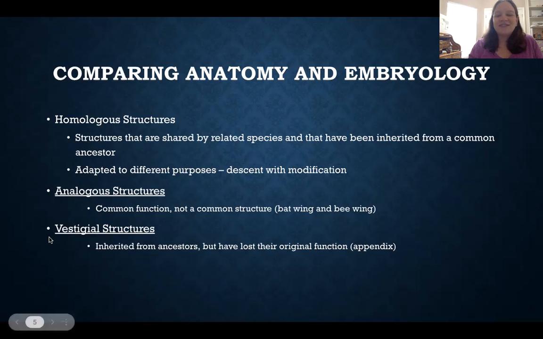And then there are vestigial structures. Vestigial structures are those that we inherited from our ancestors. We still have these structures, but they maybe don't serve the same purpose that they once did. The appendix is frequently identified as one of these structures, but really, it's not so much that the appendix has lost its function.